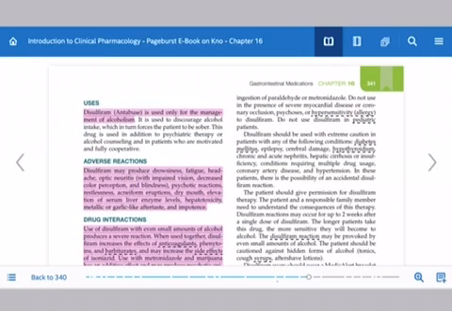Do not use in the presence of severe myocardial disease. It should be used with extreme caution in patients with these conditions: diabetes, epilepsy, cerebral damage.